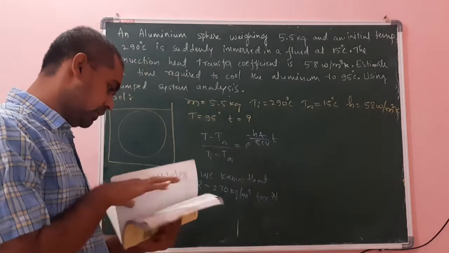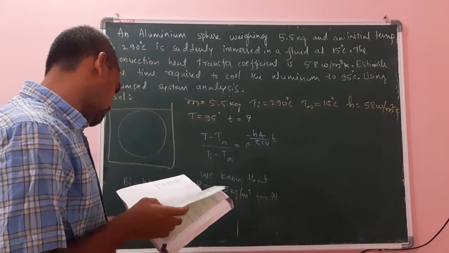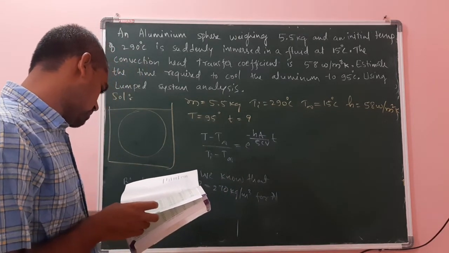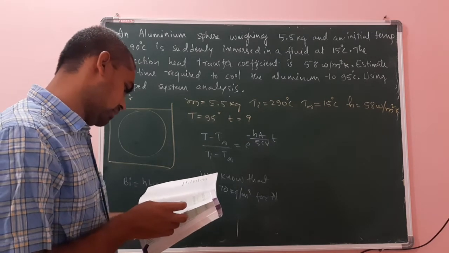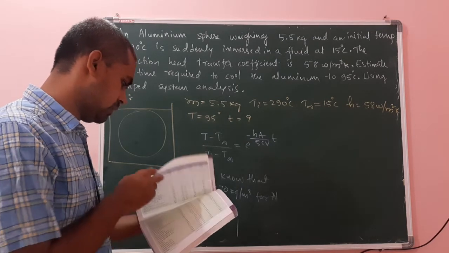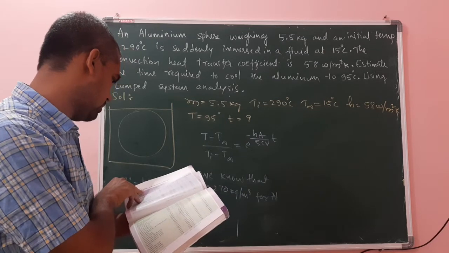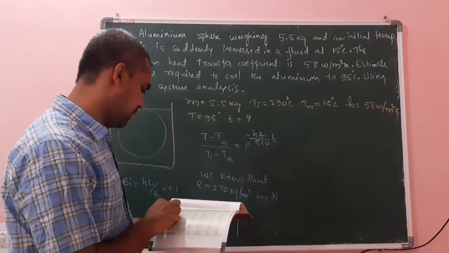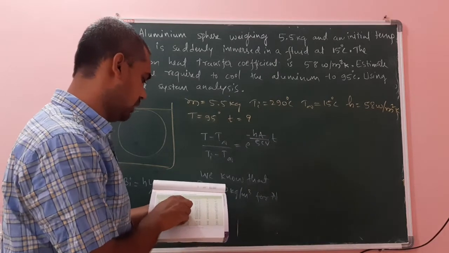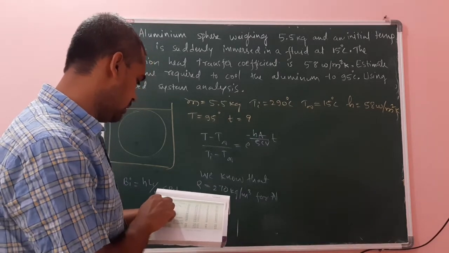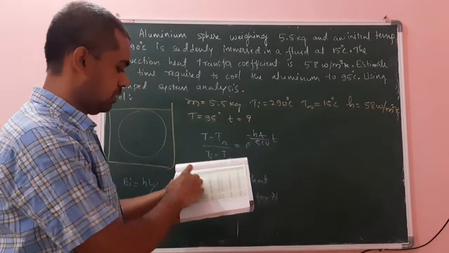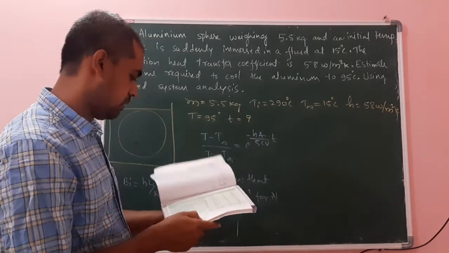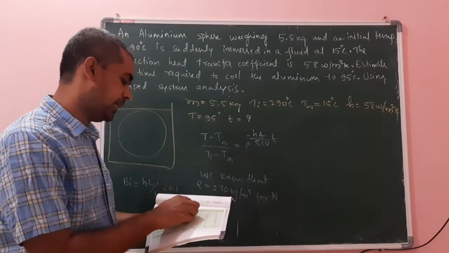Actually, they are available on the first page only. Page number 1 gives the properties of metals at 20 degrees Celsius.